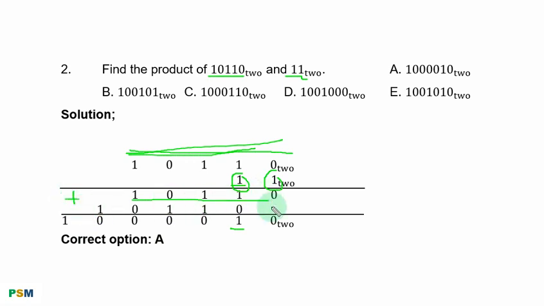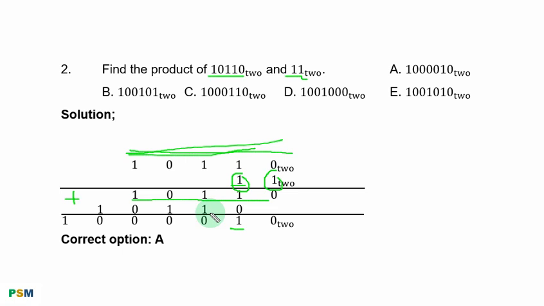0 plus nothing is 0. 1 plus 0 is 1. Now 1 plus 1 is 1 remainder 0. It is so because in base 2, you have only two digits, 0 and 1. Ordinarily, 1 plus 1 is 2, but 2 is not a digit in base 2.